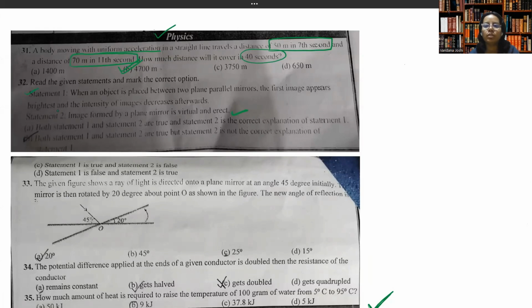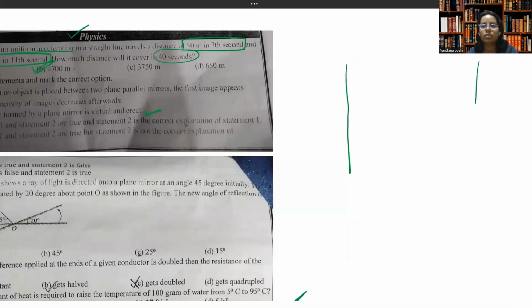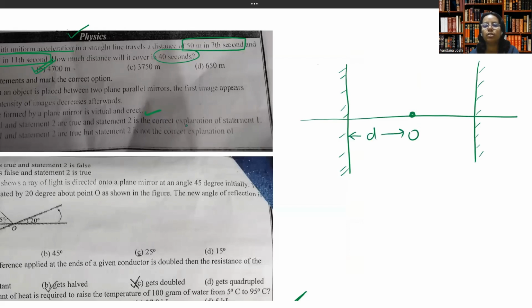We have two plane mirrors, something like this and like this. Okay, this is my mirror and my object is placed somewhere in between them. Let us suppose this is my object O and it is at a distance d from here and distance d from here.